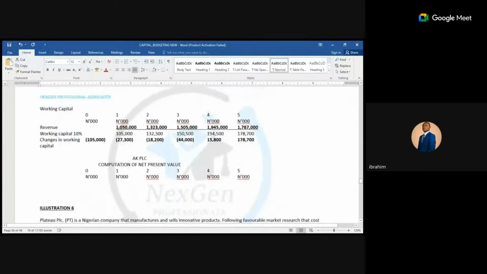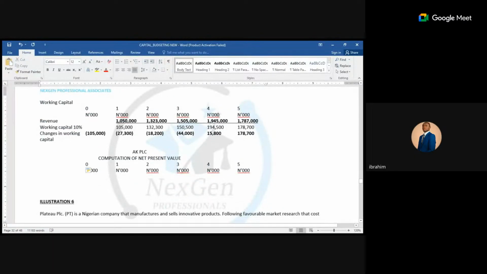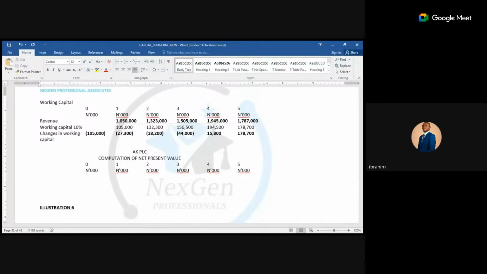Class, if you have taxes being paid in arrears, you have to add year 6, because year 1 will be paid in year 2, year 2 in year 3, year 3 in year 4, year 4 in year 5, and year 5 will be paid in year 6.